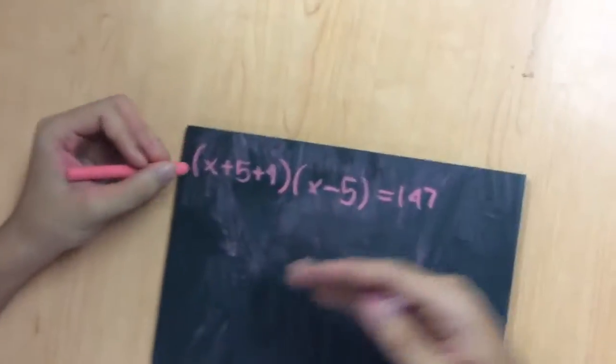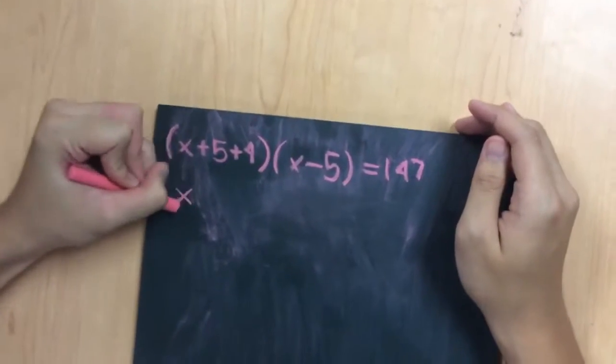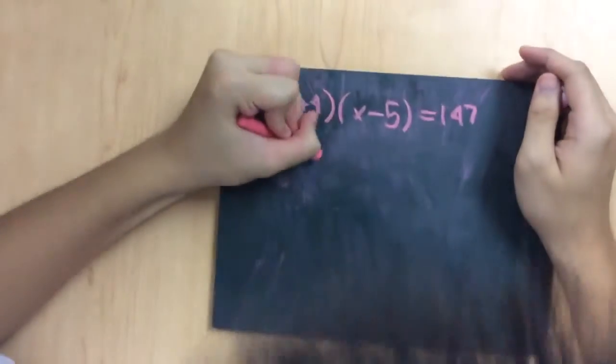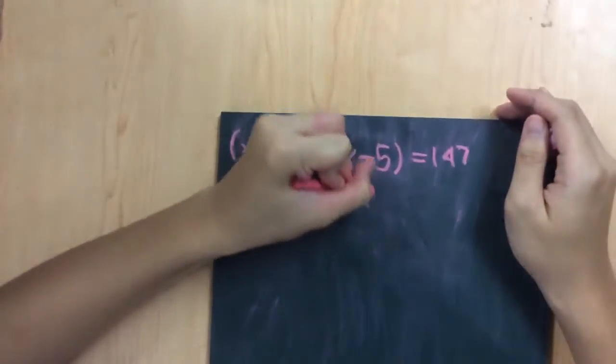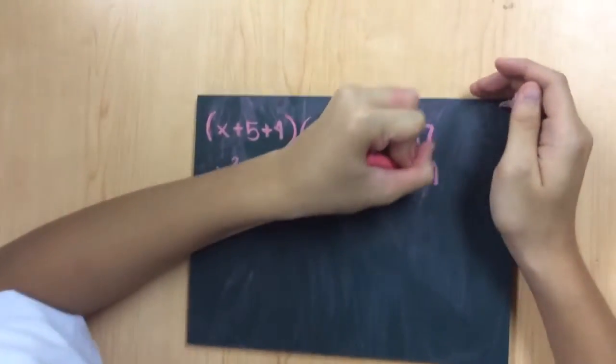Now we have to use the FOIL method. So it would be x squared minus 5x plus 9x minus 45 minus 147.